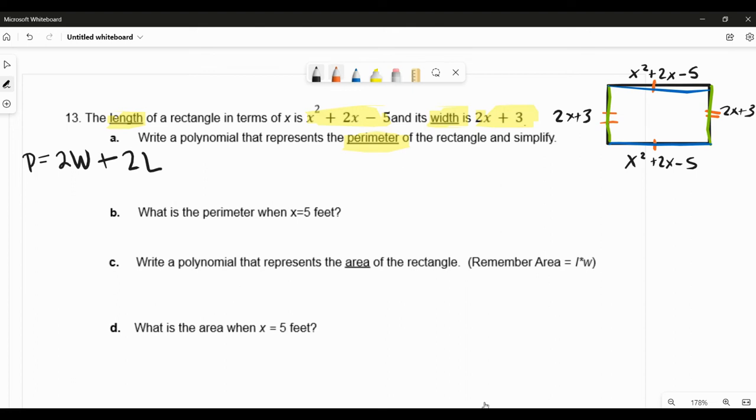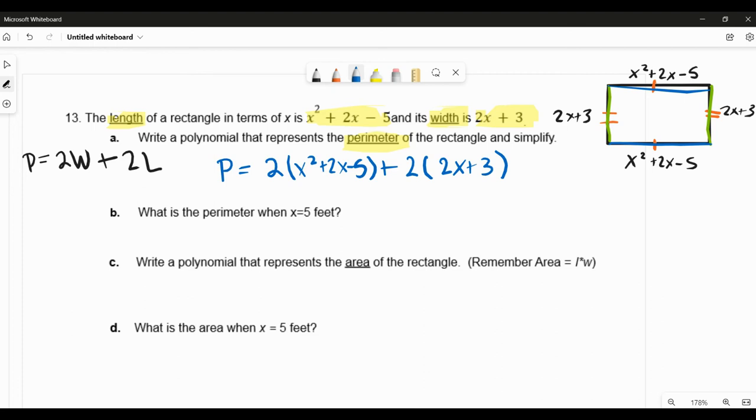And we know both of those things. So if I put in the ones that I know for the problem, I can say that my perimeter is 2 times (x squared plus 2x minus 5) plus 2 times (2x plus 3). And that would be my initial setup.